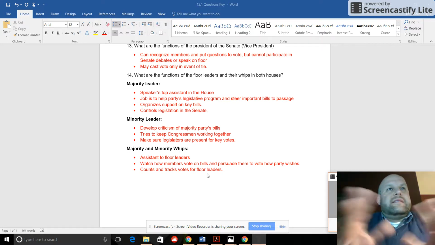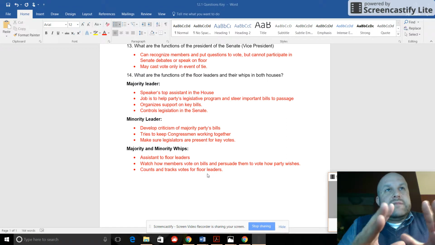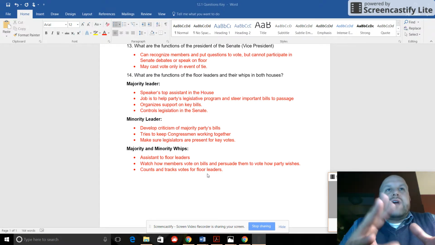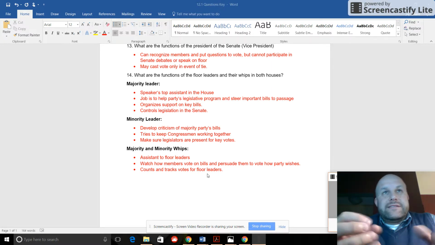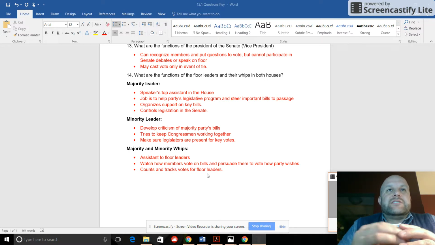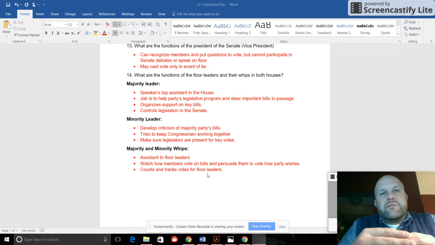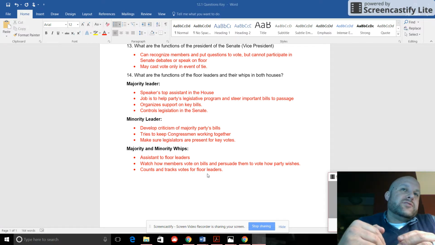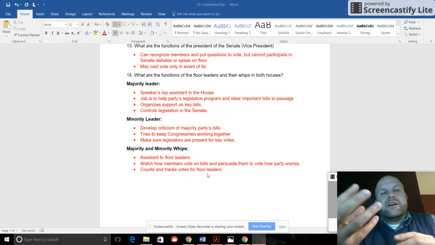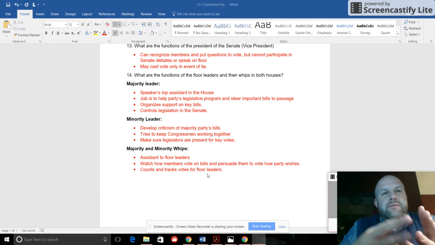So the same person will sometimes hold these roles in different years, depending on who's in the majority or the minority. They develop the criticism of the majority party's bills, trying to keep congressmen working together in some form of bipartisan spirit. That's the idea, anyways. They assist floor leaders and make sure legislators are present for key votes, as do the majority and minority whips, who assist the majority and minority leader, watch how members vote, and persuade them to vote how the party wishes.